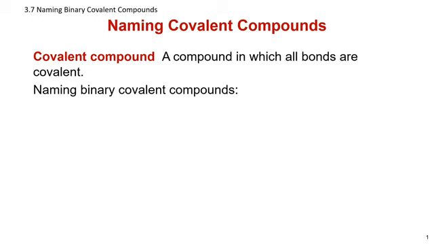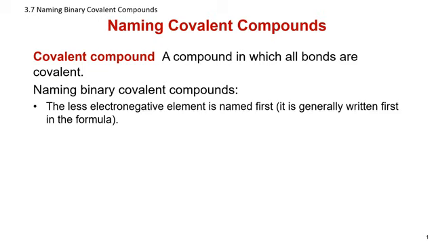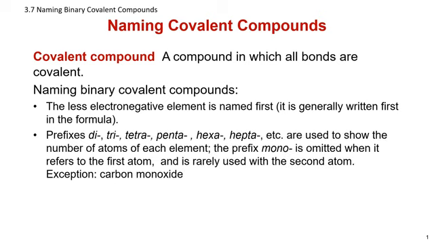Carbon is the least electronegative atom. To name this compound, just like an ionic compound, we say carbon dioxide.